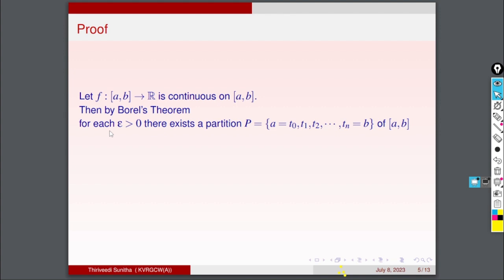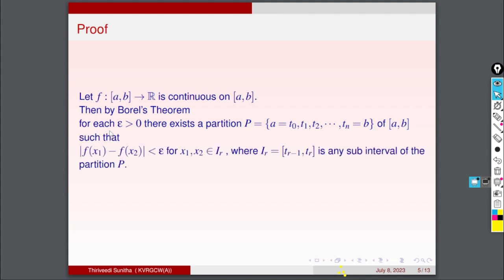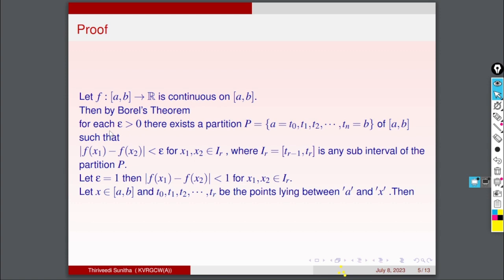Here the partition is t0, t1, t2, and so on, tn of the closed interval [a, b], such that mod f(x1) minus f(x2) is less than epsilon for x1, x2 belonging to Ir, where Ir is the subinterval of partition P. Let us take epsilon equal to 1. Then mod f(x1) minus f(x2) is less than 1, because I took epsilon equal to 1, for x1, x2 belonging to Ir.